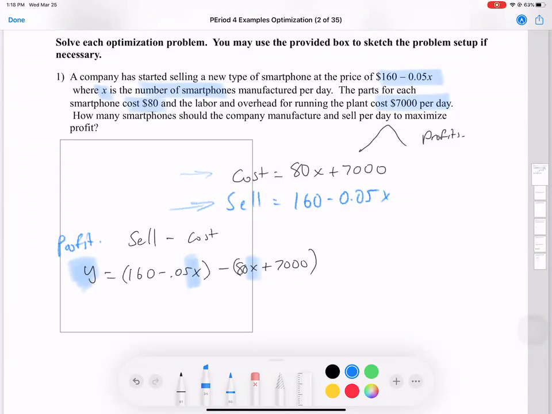Right, let's combine like terms. We're going to distribute the negative. That becomes 160 minus 0.05x minus 80x minus 7,000. So just looking at this number, this is going to be really negative until I make enough money here to negate that. So that's my highest cost.